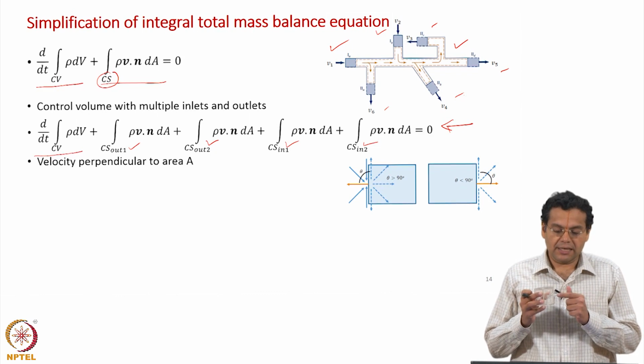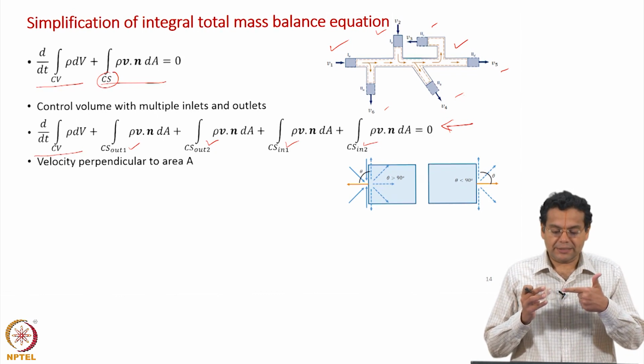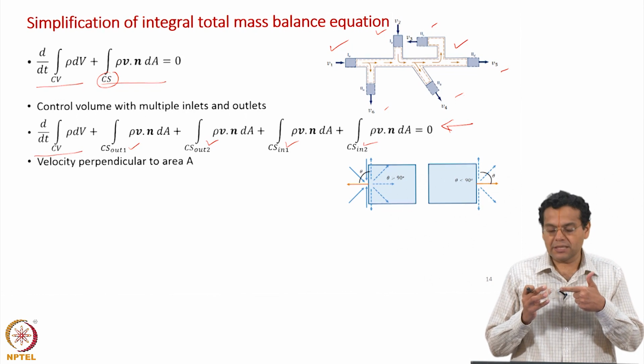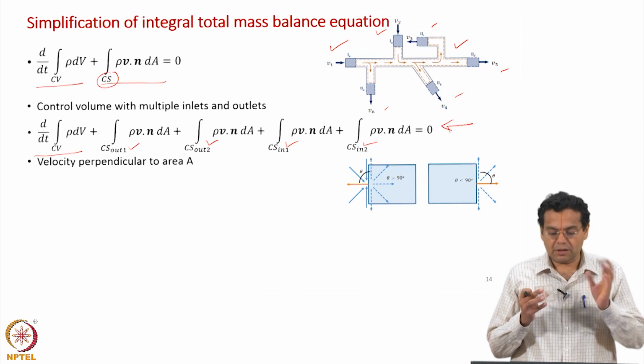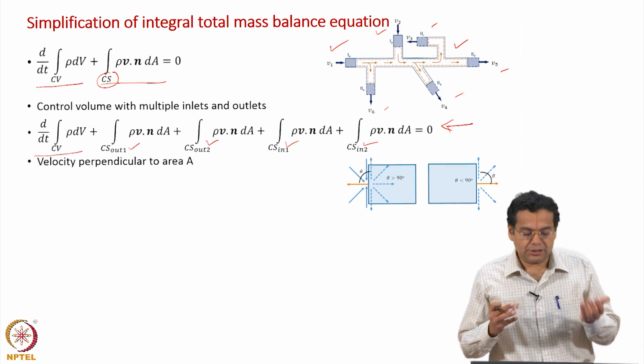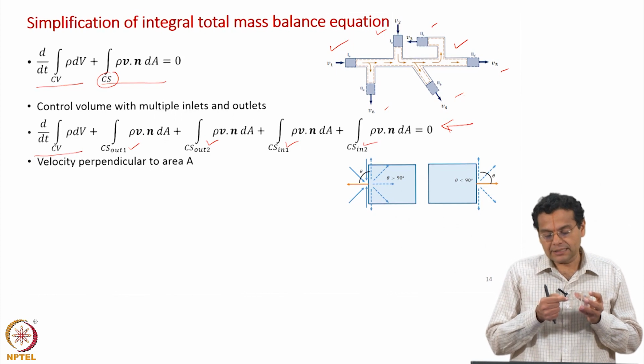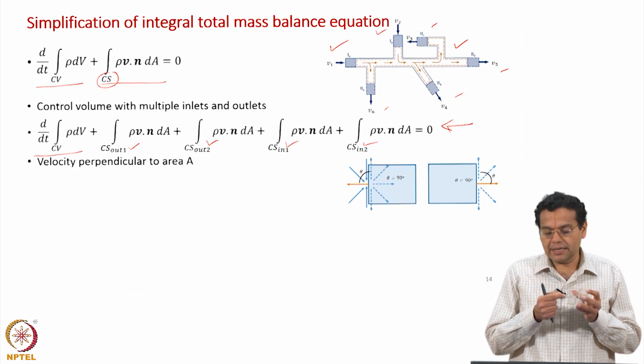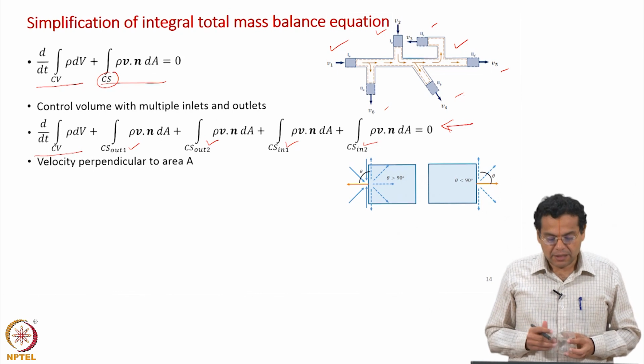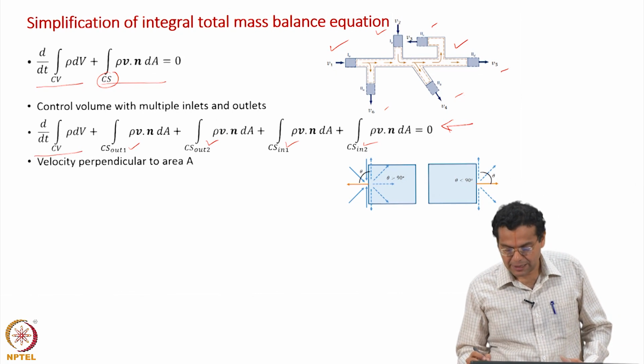Let us say this is the inlet, the velocity is exactly perpendicular to the area A, which means it is along the normal, of course either making 0 degrees or 180 degrees. Similarly, if this is the outlet surface, the velocity is exactly perpendicular to the area, which means it is along the normal. Now, that is what is shown here.